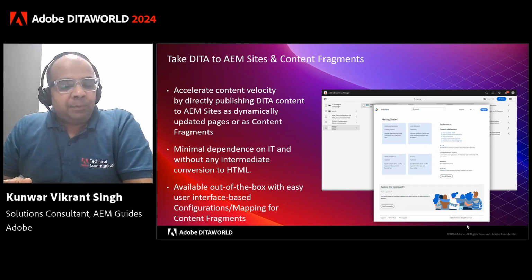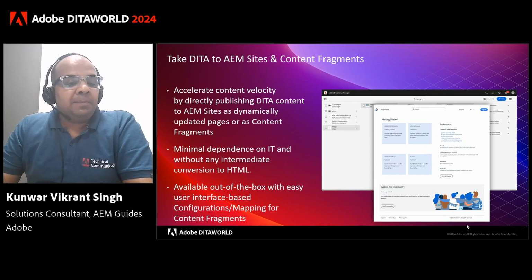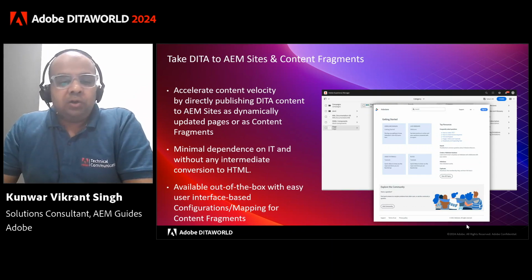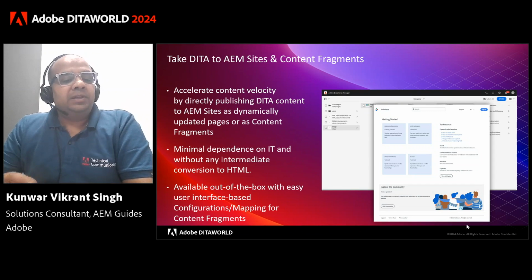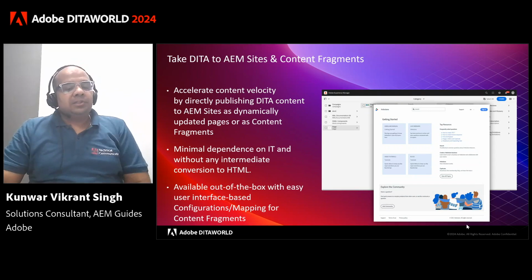And this entire process is carried out with minimal dependence on IT and without any intermediate conversions to HTML. Not only that, even this entire configuration is available with easy user interface based mapping for the content fragments.